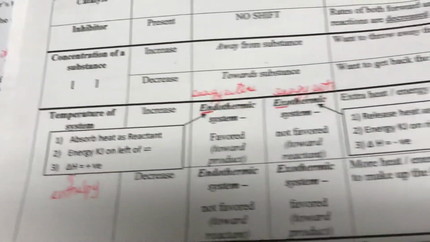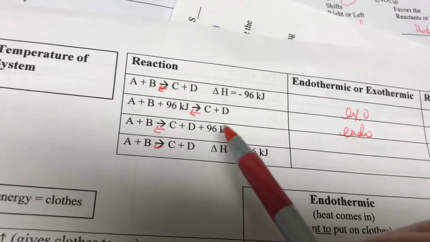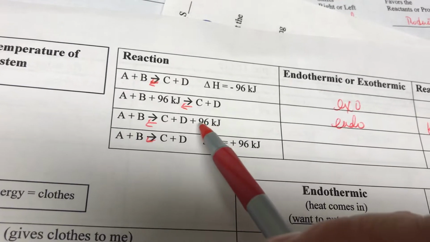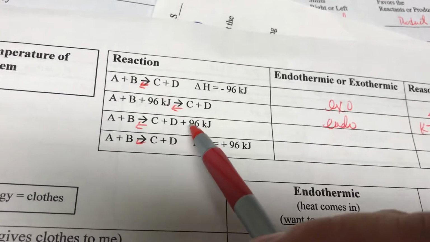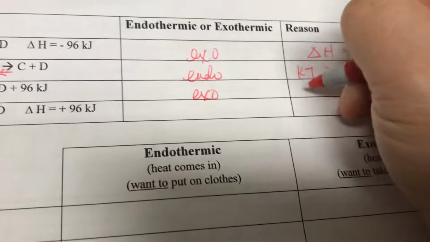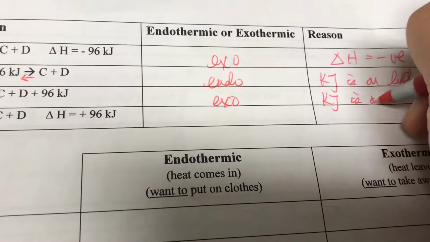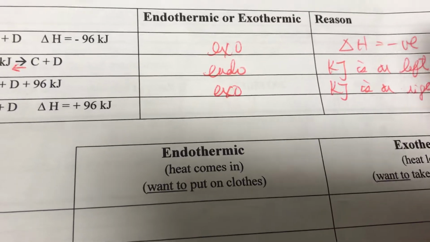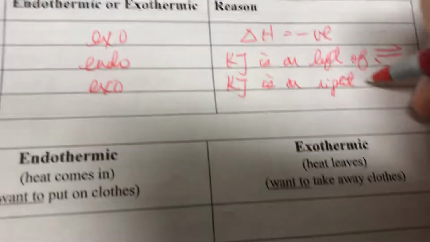They're all on the back here, right? Now, number three, you see that the 96 kilojoules is part of the equation here. So it is exothermic because it's on the right-hand side of the arrow. That means it's releasing as a product. So this is exo because the kilojoule is on the right-hand side of the equilibrium.